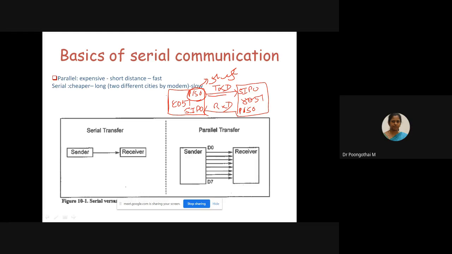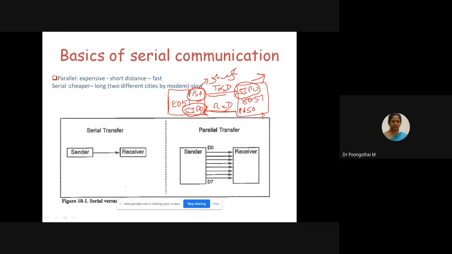Similarly, at the receiving end, we have a serial in parallel out shift register for converting serial data into parallel data. And when this IC wants to transfer any data, that parallel data is converted into serial and transmitted via this line. And here we have a serial in parallel out shift register.